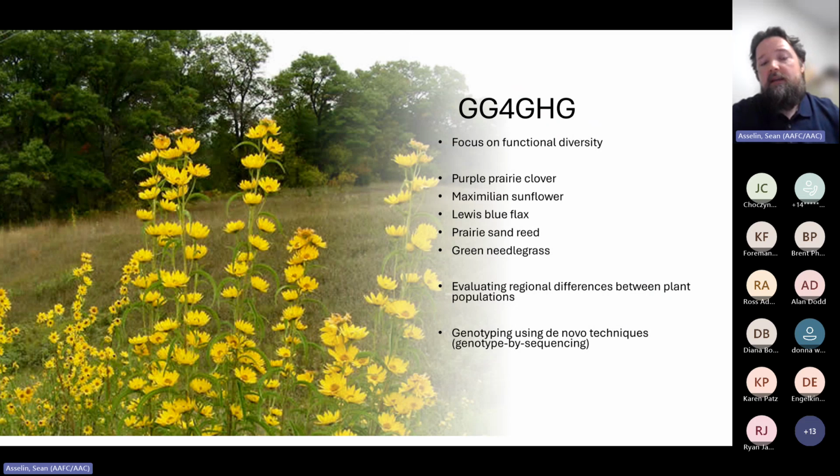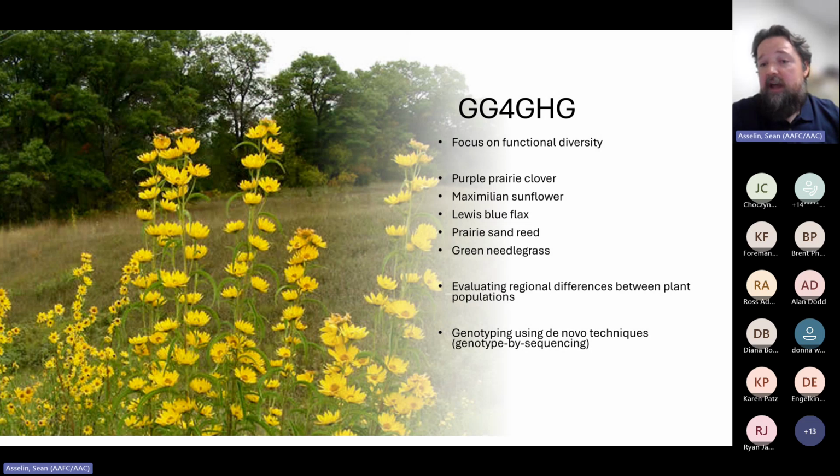So we're looking at 5 different species on this project, and the major focus is to include functional diversity. So we're not just looking at cool season grasses. We're looking at purple prairie clover, which I mentioned previously, which is a native legume. Maximilian sunflower, which is the very charismatic pollinator-friendly species on the image there.